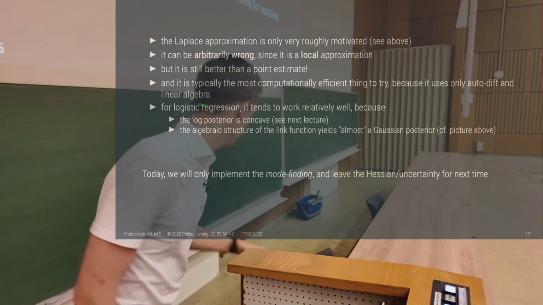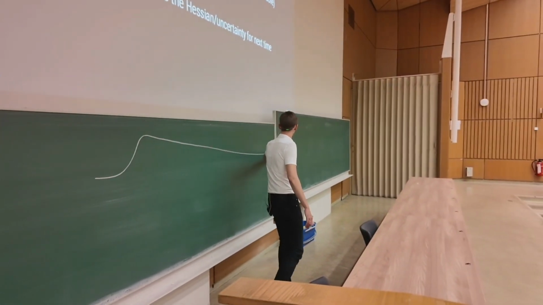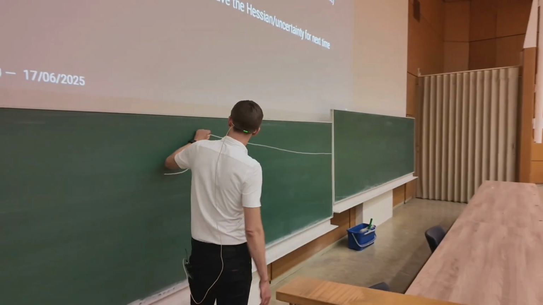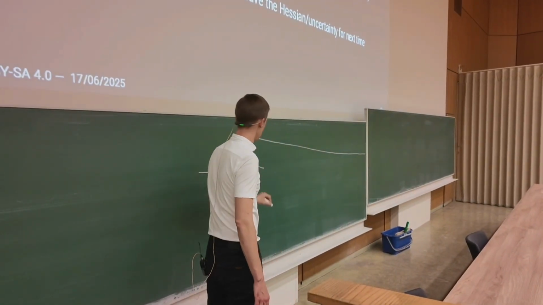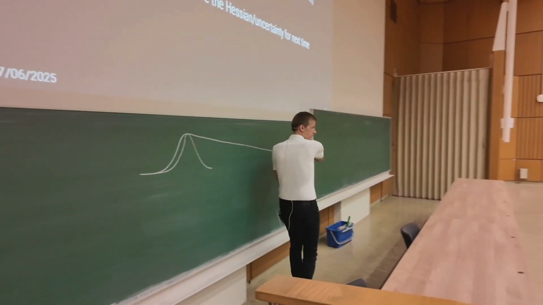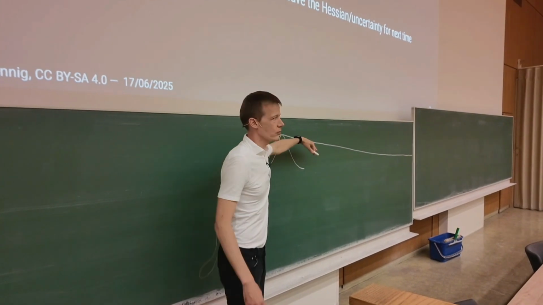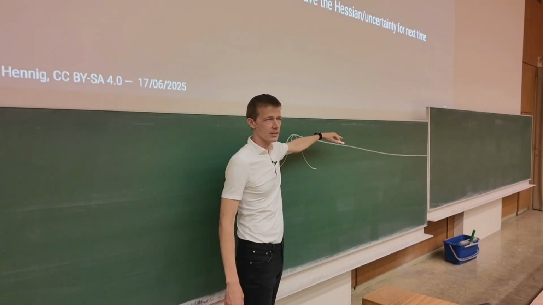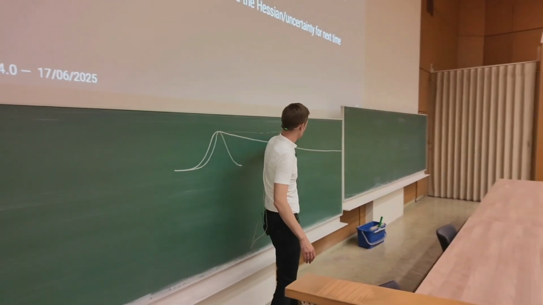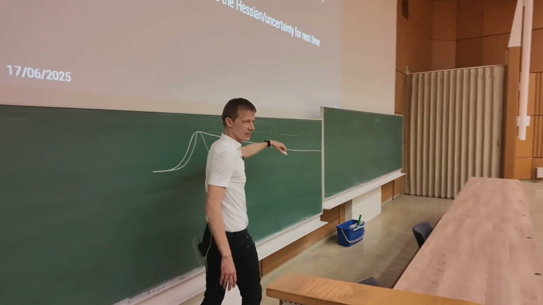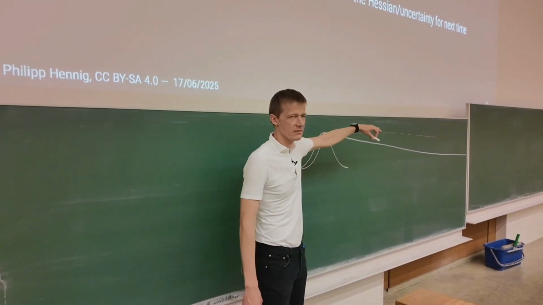If you're approximating a distribution that looks like this with something that looks like this, then a lot of stuff can be missing. And there's actually no bound to how much can be missing here. You can imagine a corner case where this distribution is basically constant, just not exactly, just so that it is normalizable. It is still a probability distribution, but very, very flat.